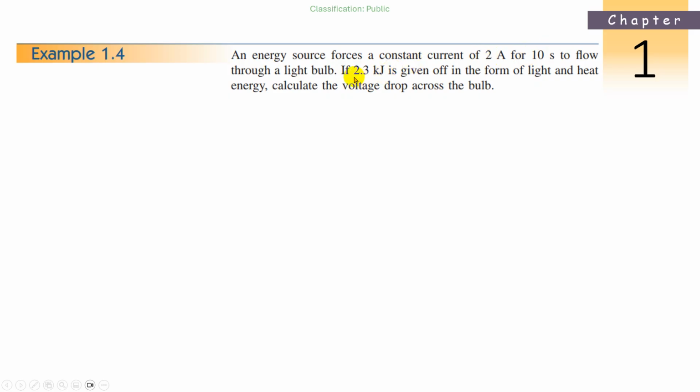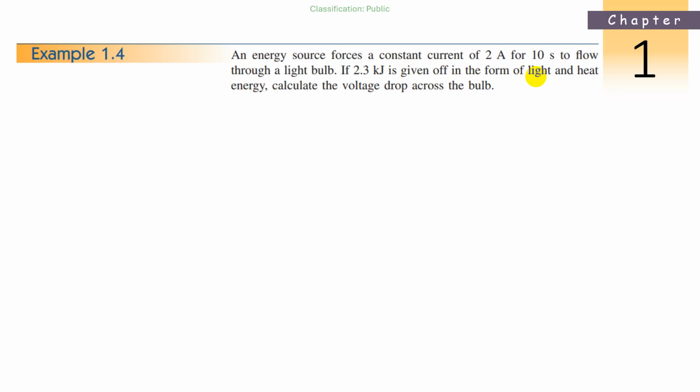Now what is the question? If 2.3 kilojoules is given in the form of light, means conversion, transform. The current is transformed to how much? 2.3 kilojoules of light energy is what they are telling.